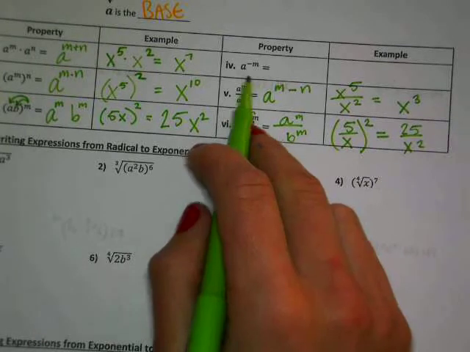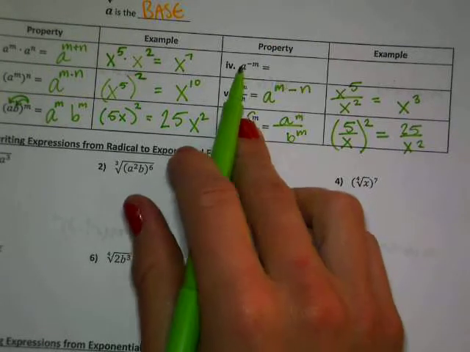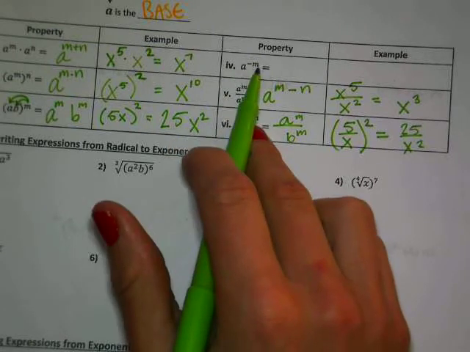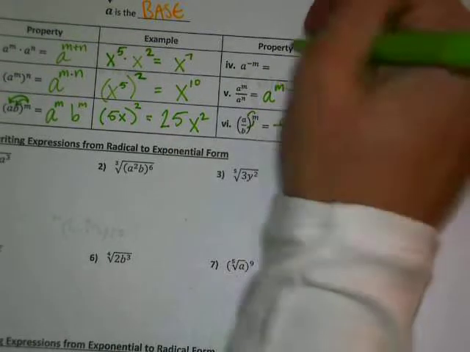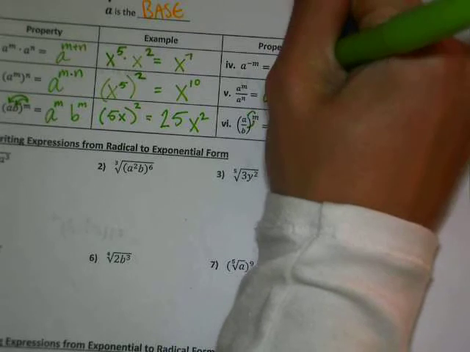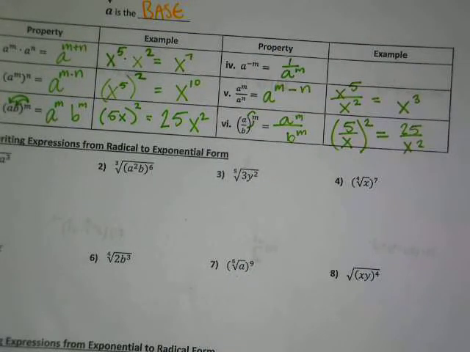Okay, next one. If you have a negative exponent, it's going to go to the bottom of your fraction. So going from bottom to top and top to bottom, that's going to change the sign of your exponent. So it's negative, move it to the bottom, it turns positive.